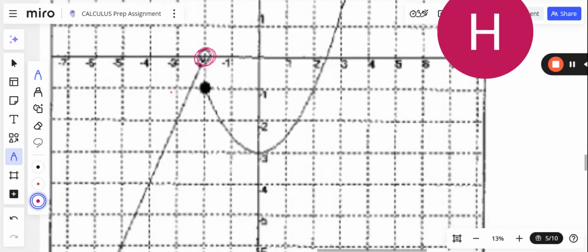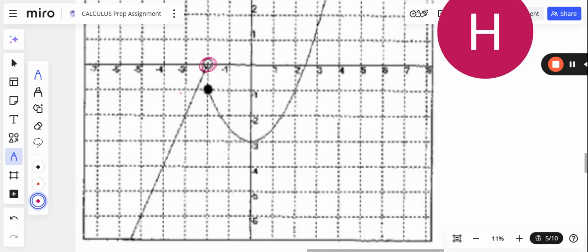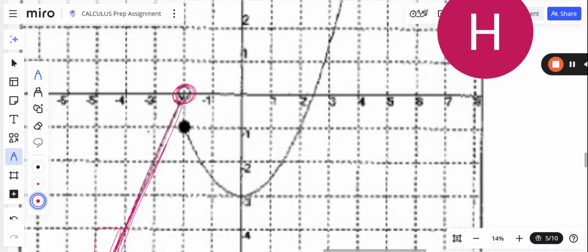But other than that, it is a line with a slope of up 2 over 1, so +2. Then we have a parabola, the graph of a quadratic equation. And this has a bold circle at -2, -1.